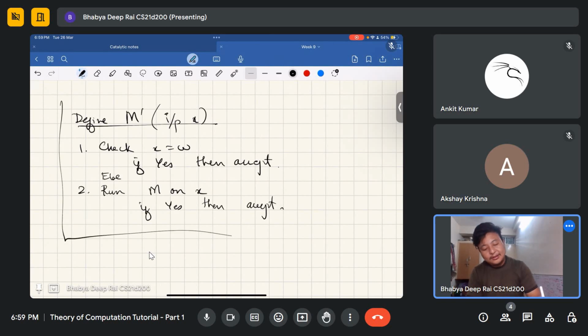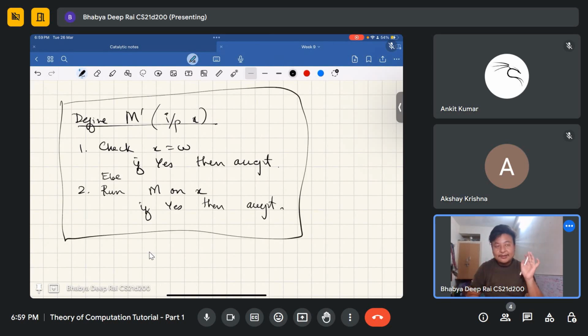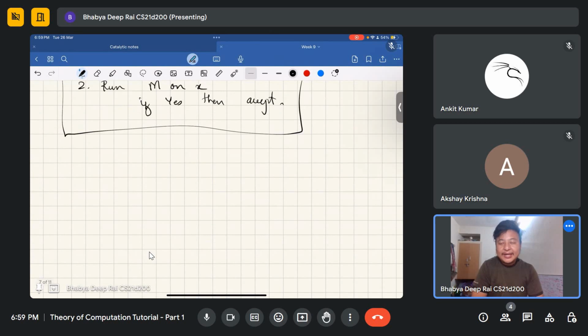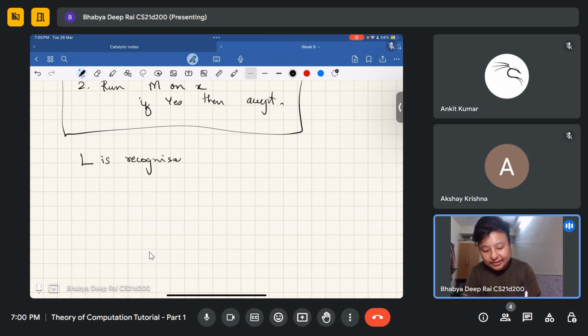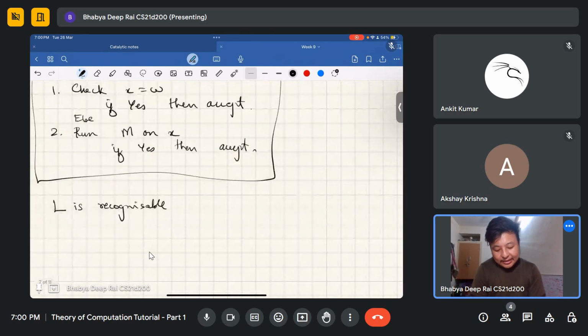This is all that is there, and this will show that LW is recognizable. Why does this show that LW is recognizable? We have that L is recognizable. This was an assumption. We want to show that LW is recognizable.